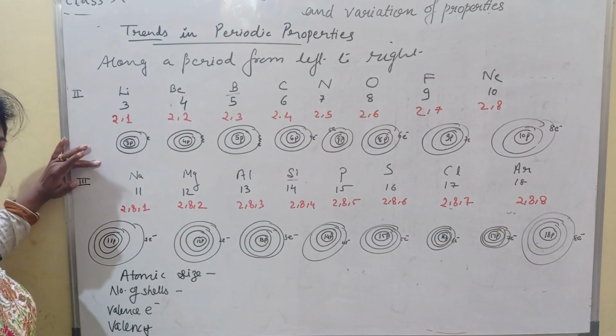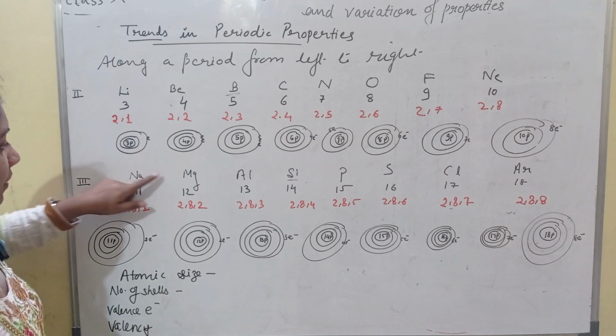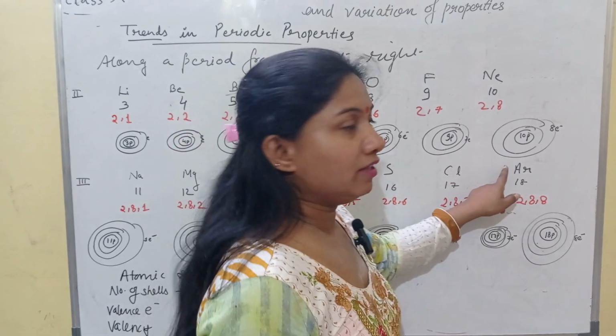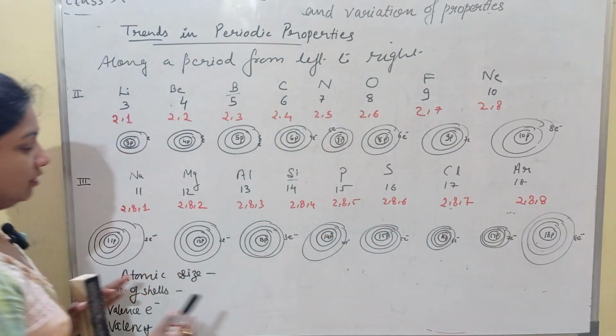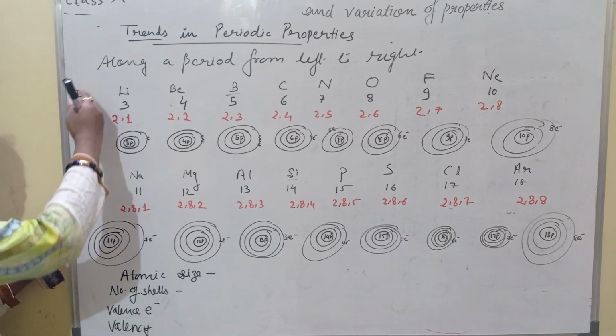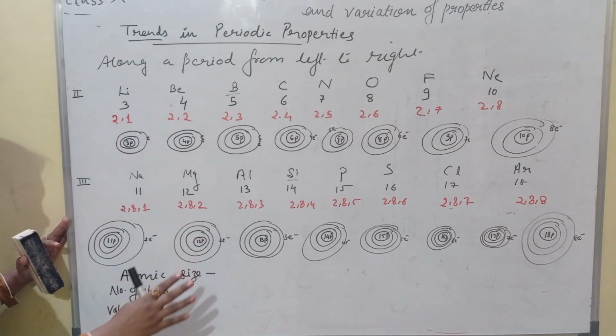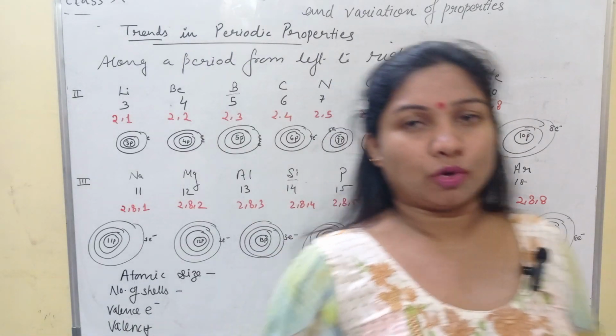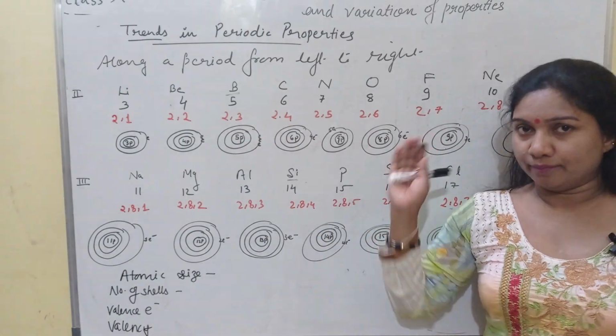Similarly, period 3 elements are sodium, magnesium, aluminium, silicon, phosphorus, sulfur, chlorine and argon. Just to explain all the properties, I have made these two periods, period 2 and period 3. On the basis of this, we will try to understand how these properties vary along a period.